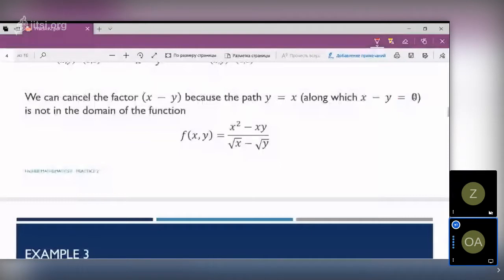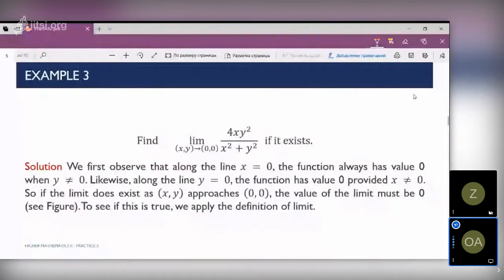And now another example. We need to find the limit if it exists. Let's try to plug in numbers. Instead of x, write down 0. Instead of y, write down 0.